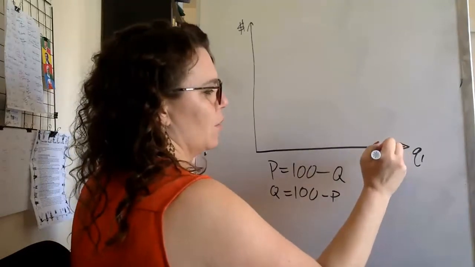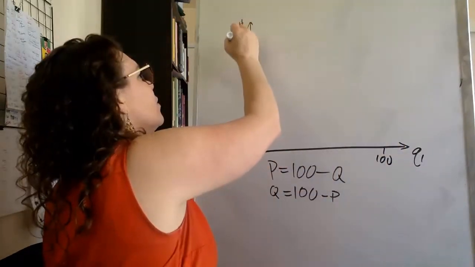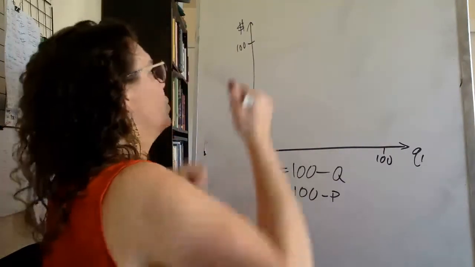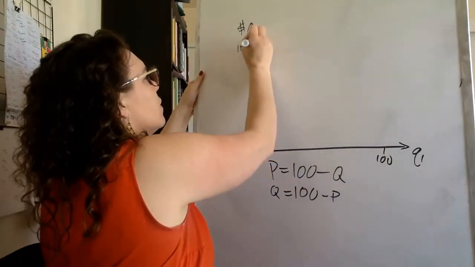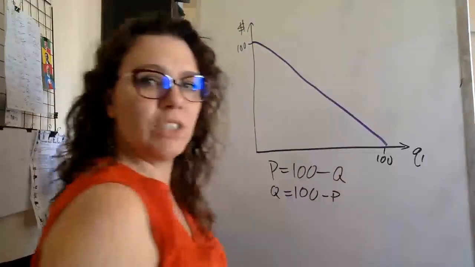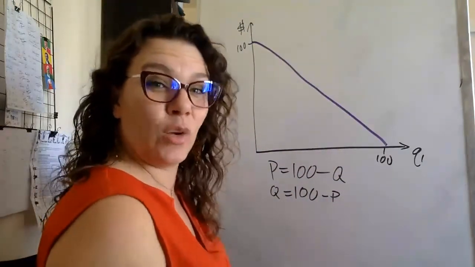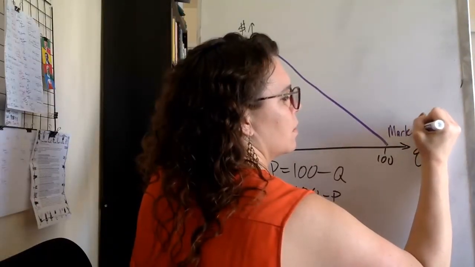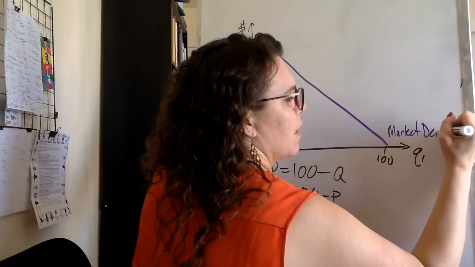So that means that we can draw our demand curve as a straight line connecting those 2 points. You don't have to do all this. I'm just recreating the graph in the book. So that's going to be the whole market demand, right?